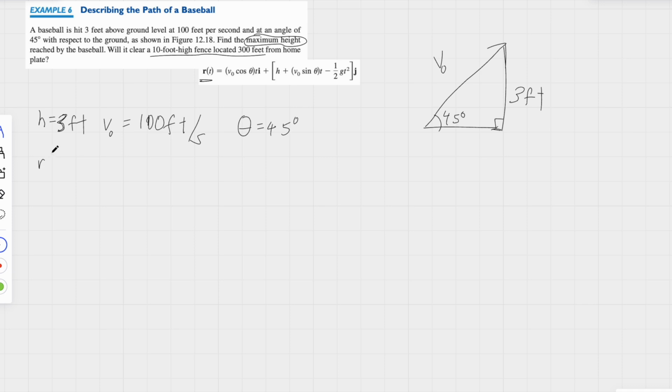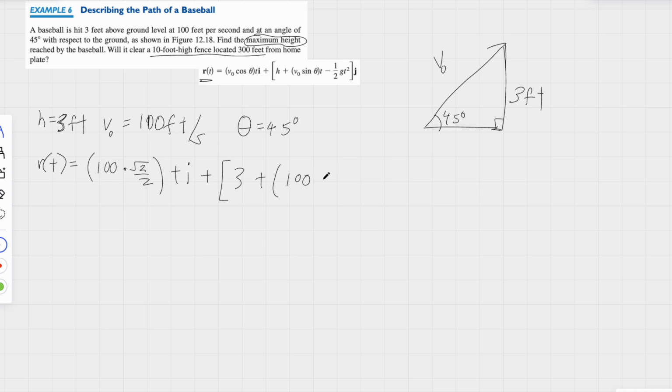So we can do r of t equals v naught, which is 100, cosine of 45 degrees, which we know is root 2 over 2, t i plus the height, which is given, is 3 feet, plus here v naught is 100.